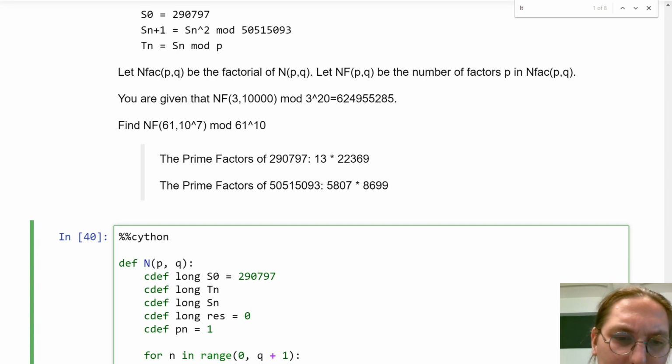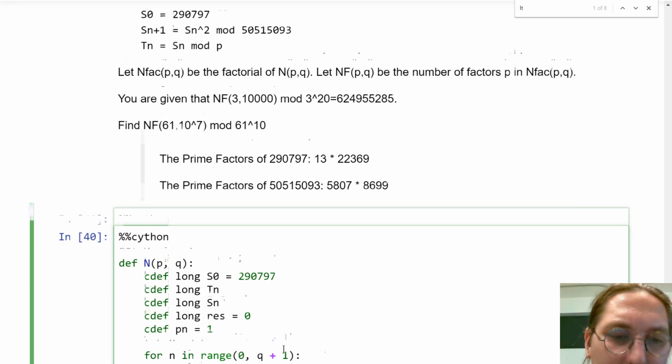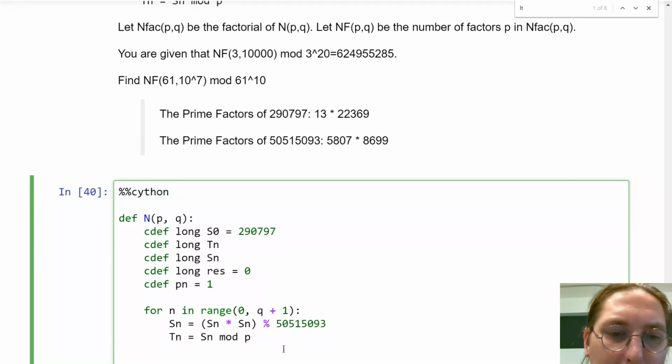Result is tn plus... no, pn times p. Or p times pn. Yeah, that's all right. Star equal or not? Is it not quicker? It doesn't matter. The compiler will handle that, of course.